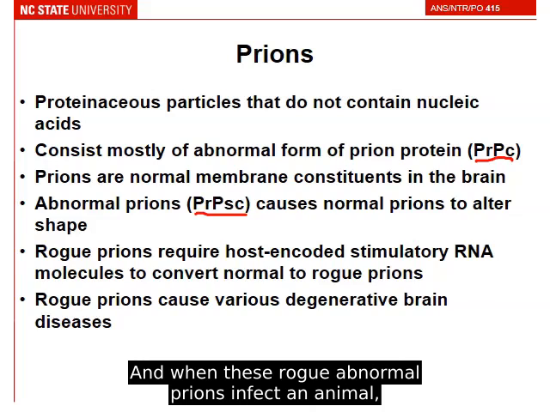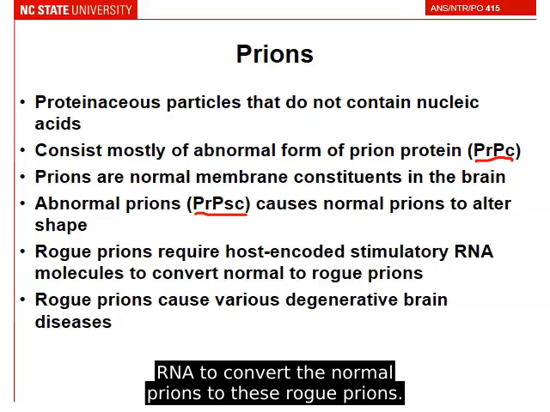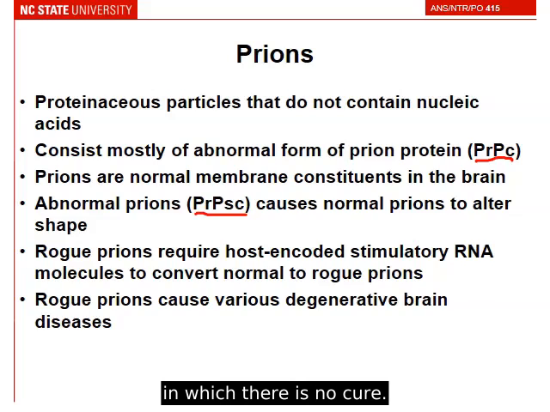When these rogue abnormal prions infect an animal, it causes the host encoded stimulatory RNA to convert the normal prions to these rogue prions. And then these rogue prions are causing various degenerative brain diseases for which there is no cure.